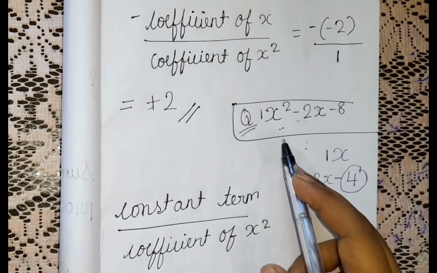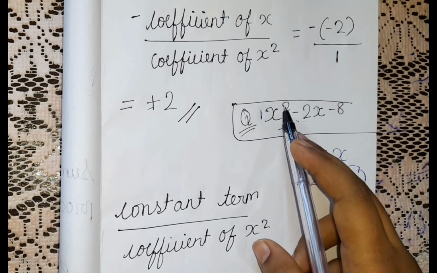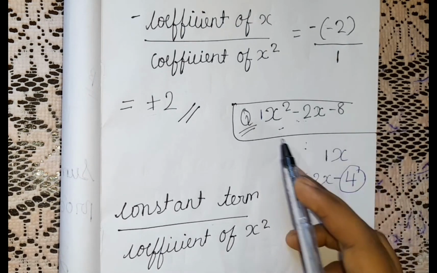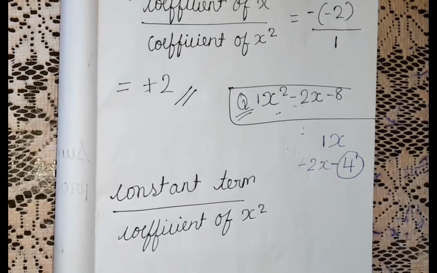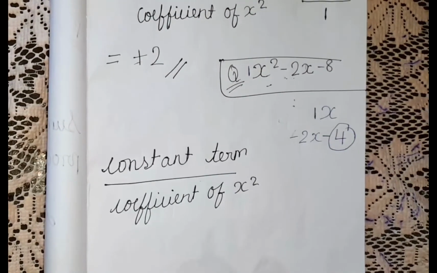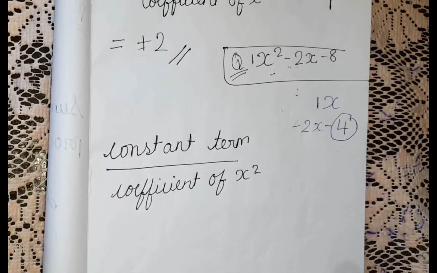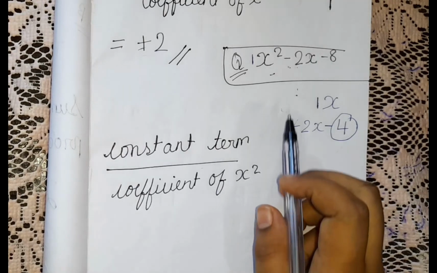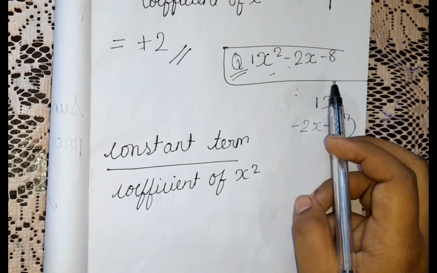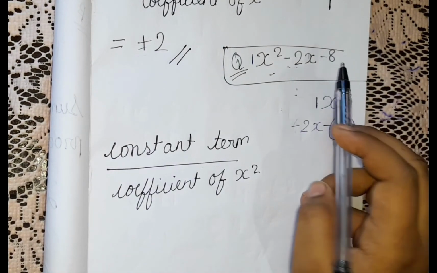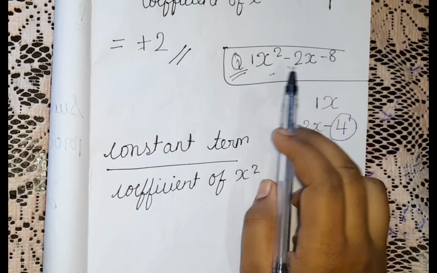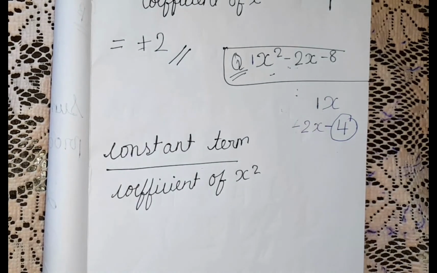In the first subdivision, the question was x square minus 2x minus 8. In this question, what is the constant term? You guys should figure it out. Here the constant term is minus 8, because minus 8 doesn't have a variable like x or q.